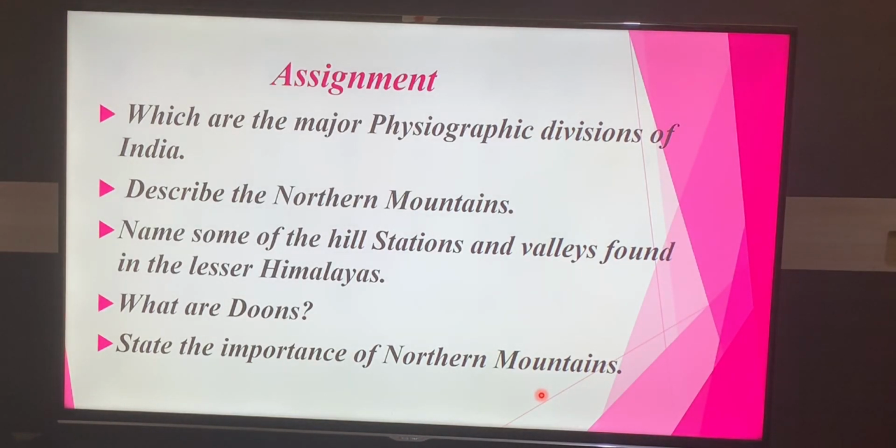And the next you will mention about storehouse for mineral, birthplace for rivers and waterfalls which are used to generate hydroelectricity. So these are the points you have to write regarding the importance of northern mountain. Is that clear, children? Write it neatly in your homework book.